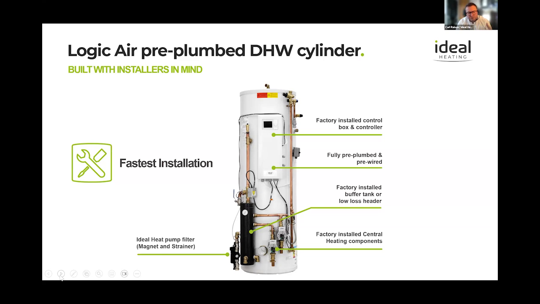And like I've already mentioned, as we start to see what the market's looking at, we're bringing out a smaller slimline cylinder, 150, 180, but we're also bringing out pre-plumbed, but not as plumbed as some of our units, to make it a little bit more install-friendly for the installers.